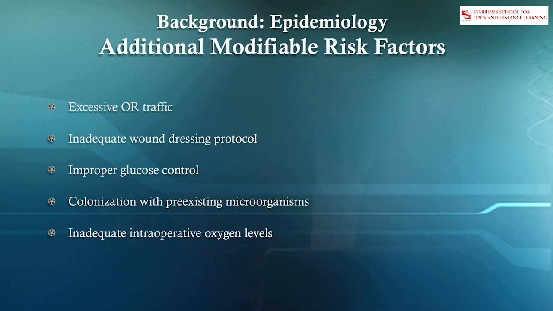Colonization with pre-existing microorganisms. Some patients, especially diabetic women, if they have asymptomatic bacteriuria and are going for an implant related surgery, there is sometimes an indication to give antibiotic and clear it, because it has been shown to cause increased chances of an SSI. And inadequate intraoperative oxygen levels is also one of the important things.